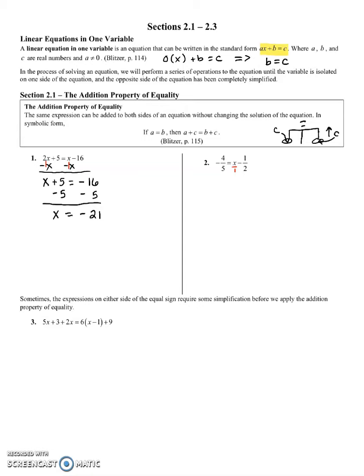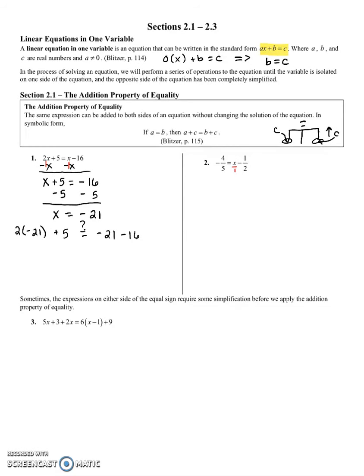We can always check this by plugging it back in for x in the equation and crunching numbers. So is 2 times negative 21 plus 5 equal to negative 21 minus 16? Is that true?